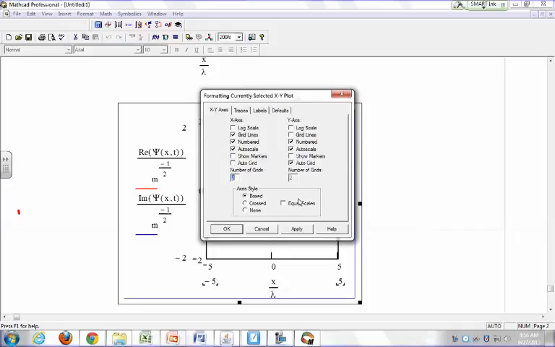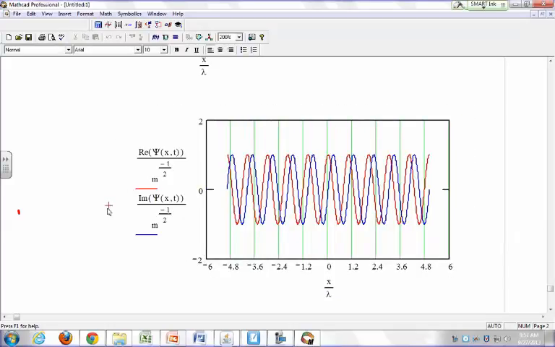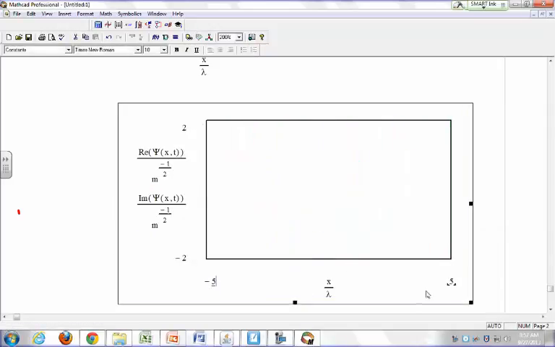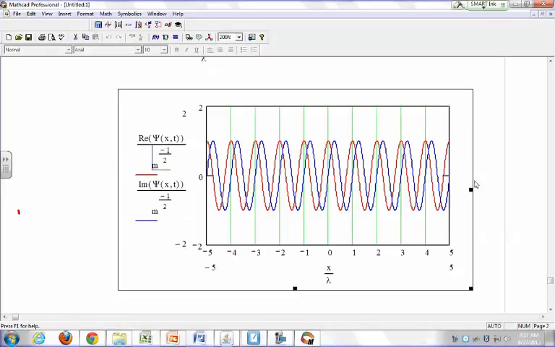Let me do 10 grids. Okay, let me stretch this one out. Oops, what happened? Oh, I need to set the limits here from -5 to 5. There. Okay. So I've got 10 grids.